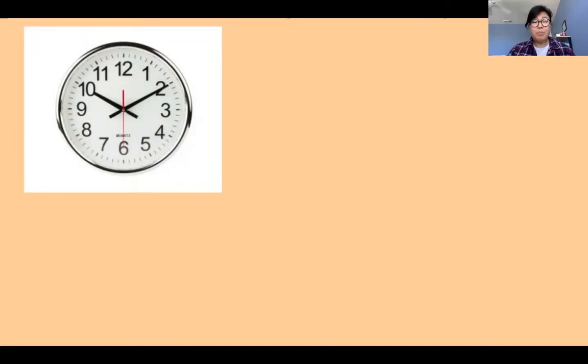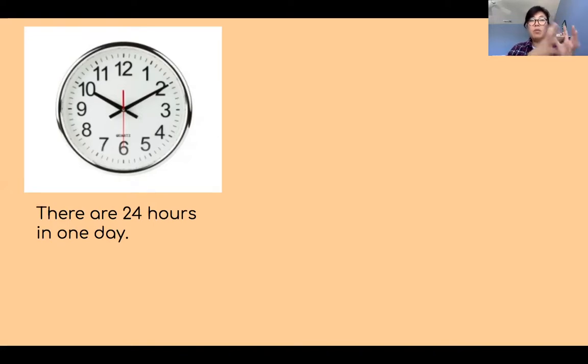Now we're going to talk about how the clock is divided into two parts. In one whole day, there are 24 hours. In one day, there are 24 hours, and then 24 hours is divided into two parts.